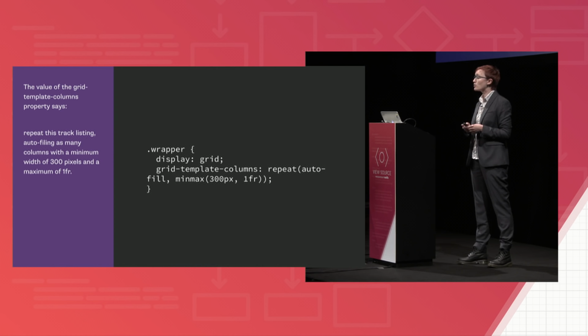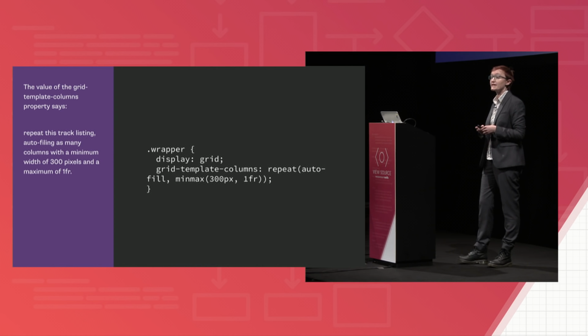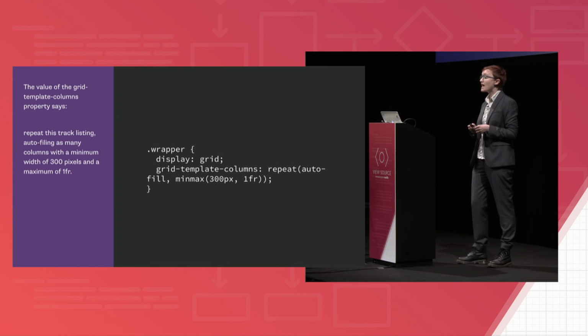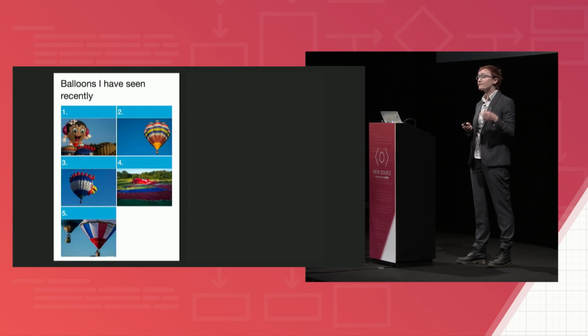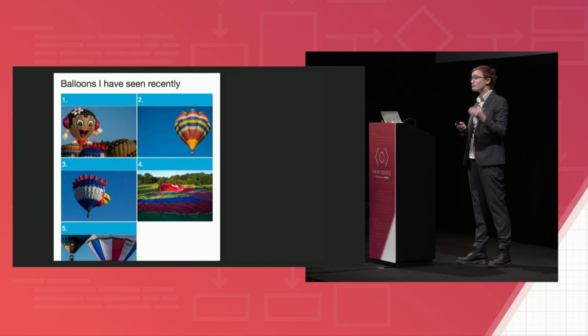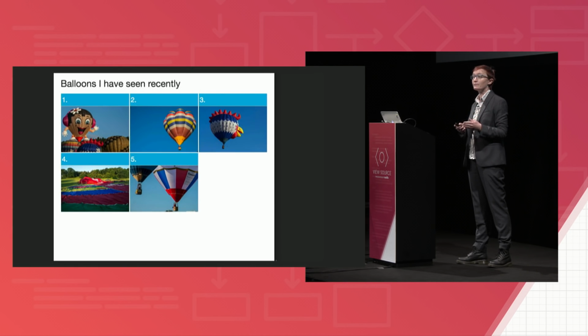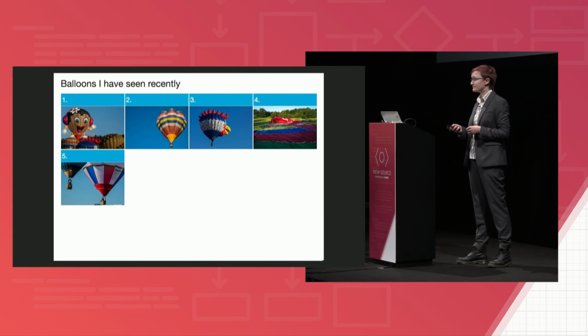So here, I'm autofilling as many columns of 300 pixels as will fit into my container. As the maximum value is 1 fraction unit, that means that any available space left over after I've done as many 300 pixels as I can gets distributed amongst the columns equally, which gives us this. So as you can see, unlike Flexbox, items that go into the next row stay lined up in their column. That's 2-dimensional.